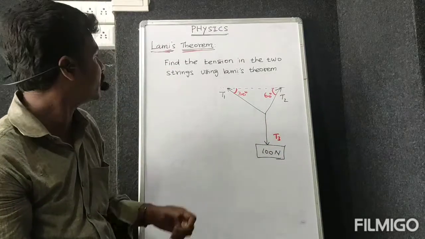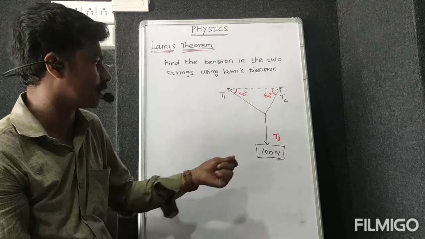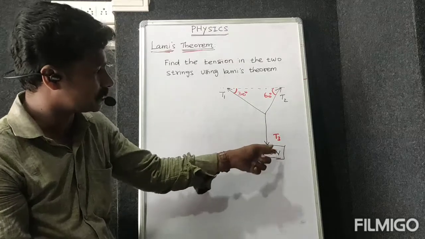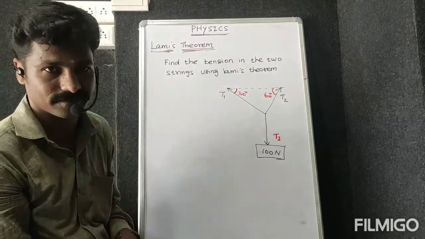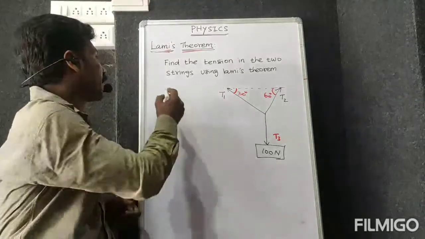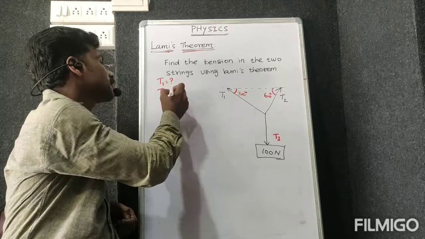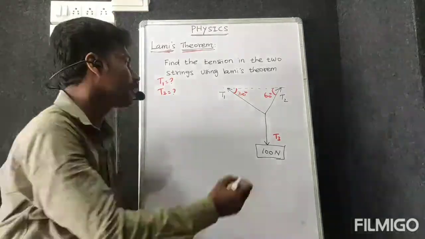But the question is to find the tension in the two strings. So here 100 Newton is only T3. So what about T1 and T2? That is the question. We want to find what T1 is and what T2 is.